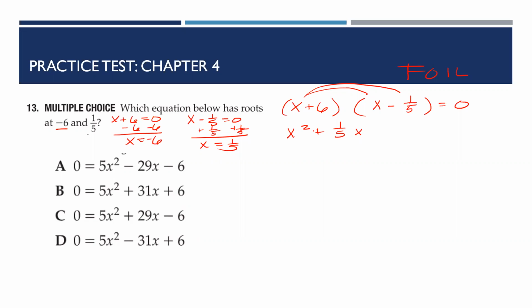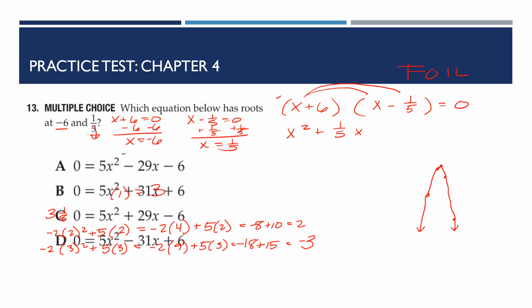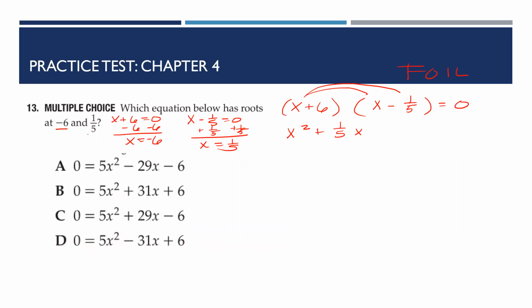Oh, I'm sorry, this would be negative 1/5 x. Okay, so this is 1/5, okay?